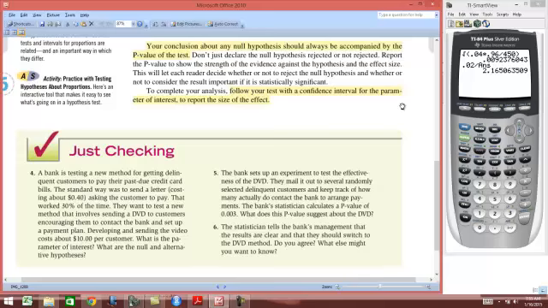The parameter of interest is the proportion of customers that set up a payment plan that respond to the letter. Okay. So the null hypothesis is that the proportion of customers that respond is 0.3, p equals 0.3.